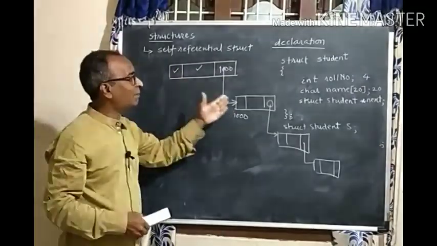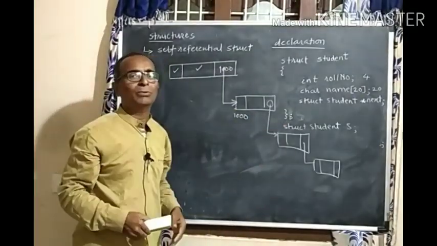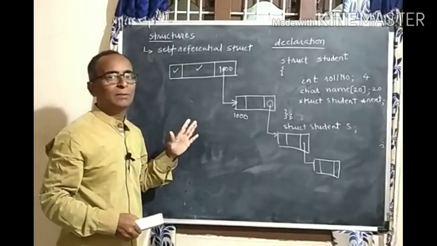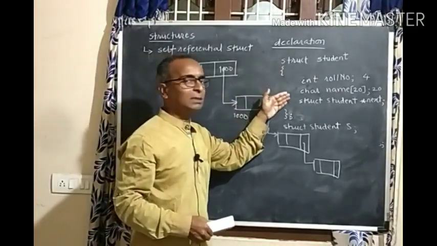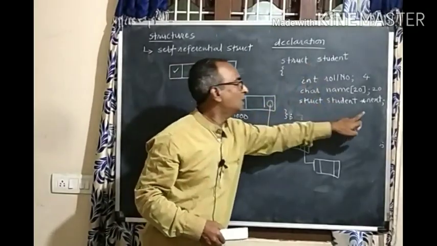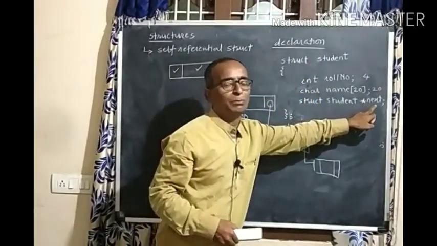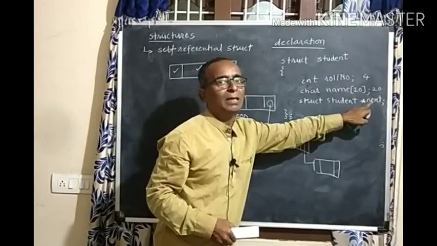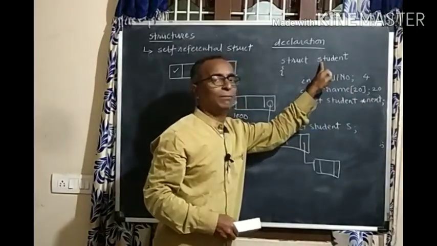Now this self-referential structure is used in linked lists. What is a self-referential structure? When you have a member referring to itself. This is a reference; a pointer variable means a reference. This is referring to itself.